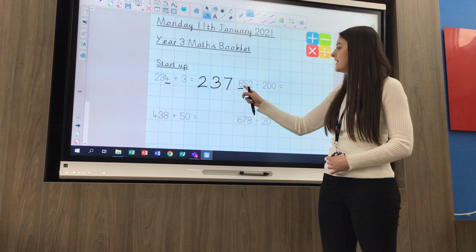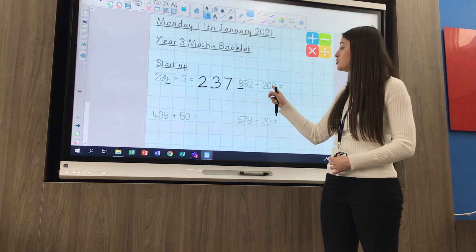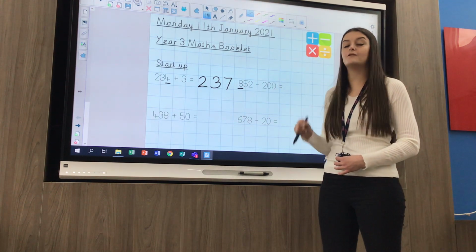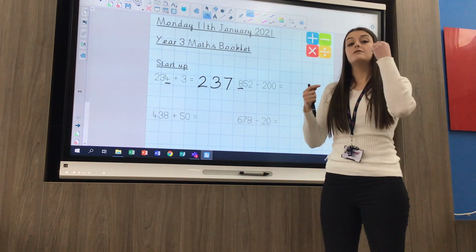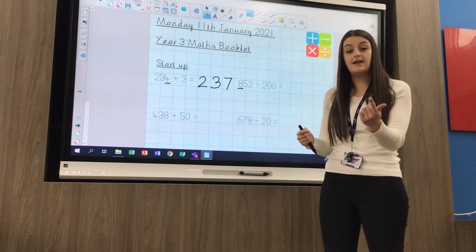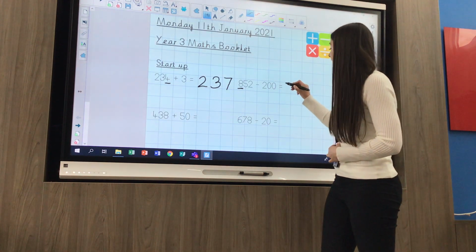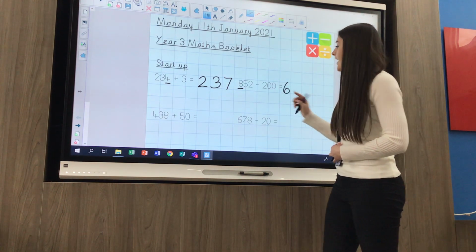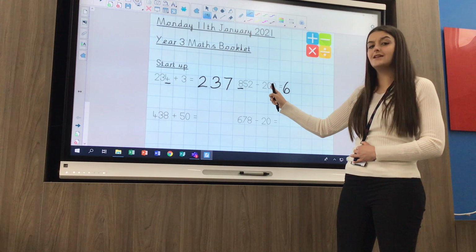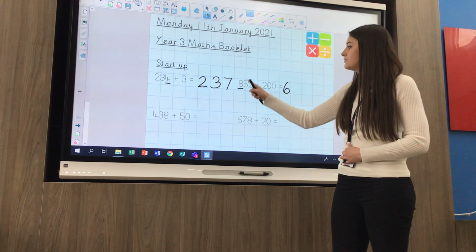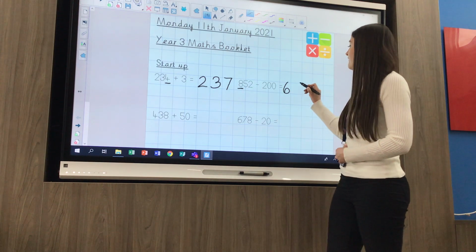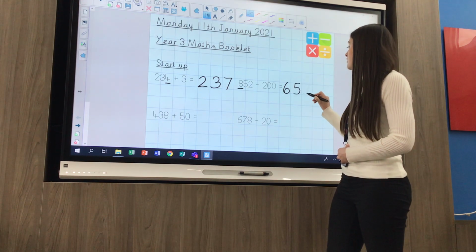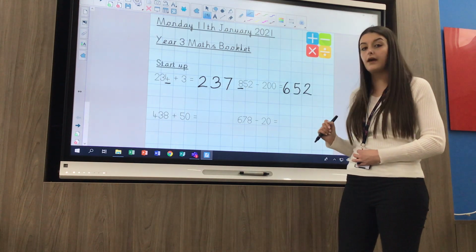So I've started with 800, I'm going to subtract 200 from it. So 800 in my head, 800, 700, 600, okay? So I'm left with 600, but hang on, I haven't subtracted any tens or ones, so they're going to remain the same. So I've got 600, I've still got 5 tens, and I've still got 2 ones, okay?